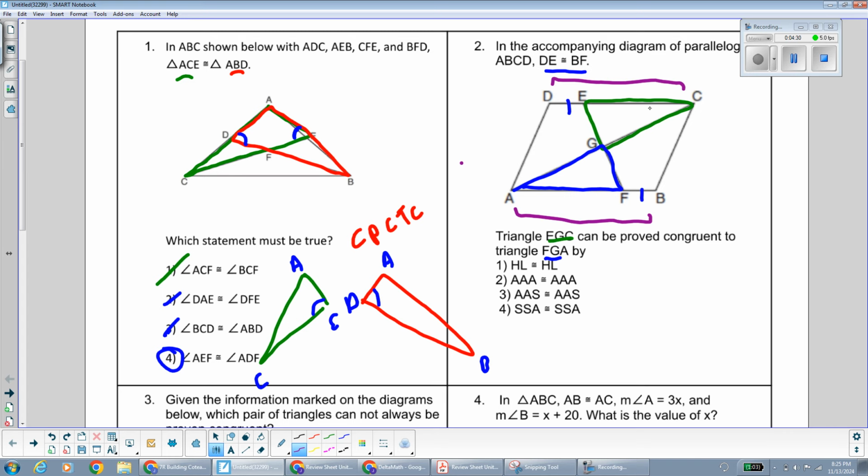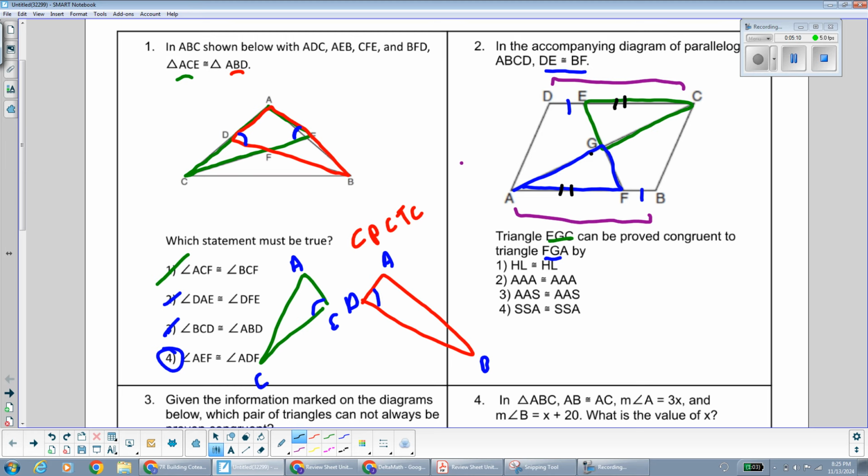So if we start with these two congruent pieces and we take away the pieces that we don't need, FB and DE, which are also congruent, we'll be left over with EC and AF, which are sides of the triangles that we need to prove congruent. So that'd be really helpful to us. So once again, we can start with the longer segments that we know are congruent because they're opposite sides of a parallelogram. We can subtract off the pieces that we don't need, which are also congruent to each other, and be left over with the sides of the actual triangles, EC and AF.